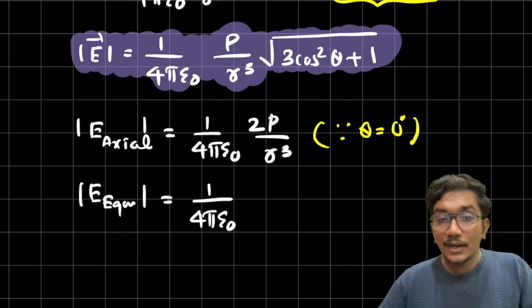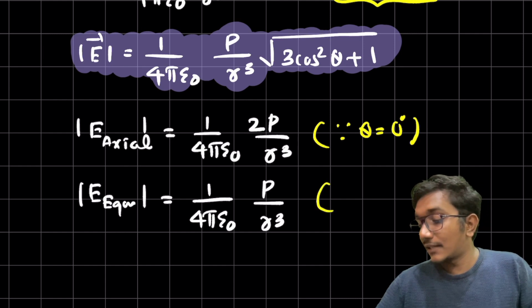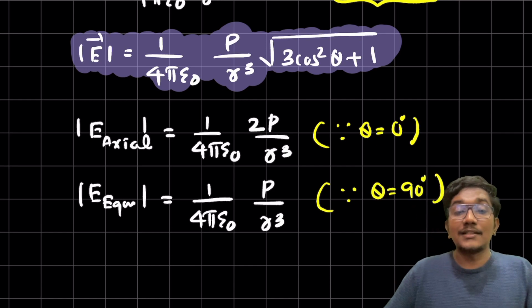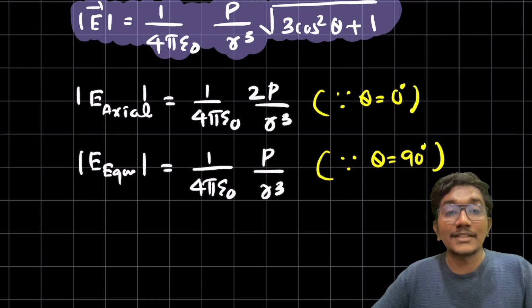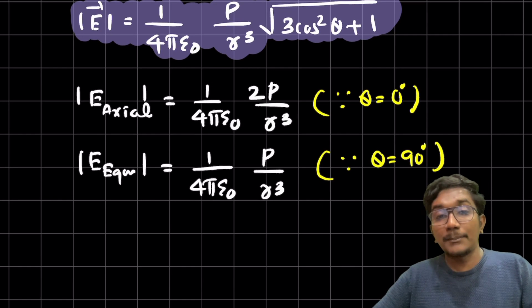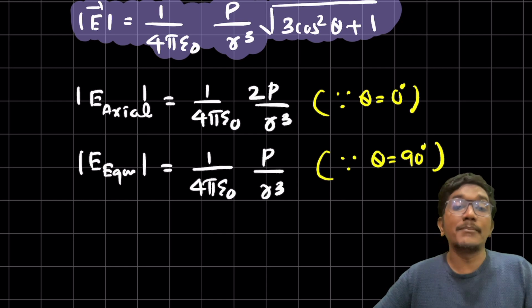So it will be root 1, that is the same, 1 P by R cube. So what is the explanation? Since theta is equal to 90 degree, it is very clear that this equation works in all these cases. So any random point around the electric dipole, you can find out the electric field by using the same equation.